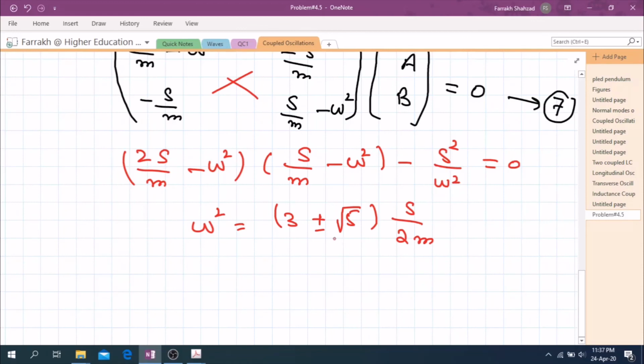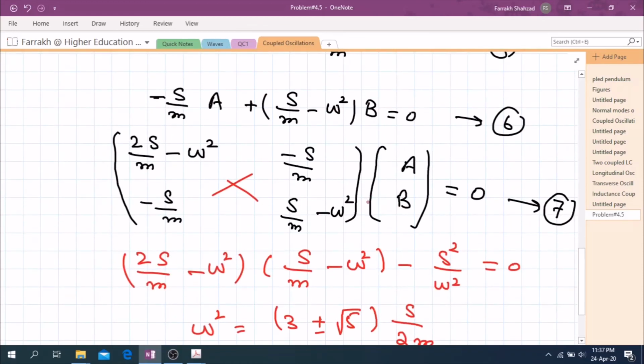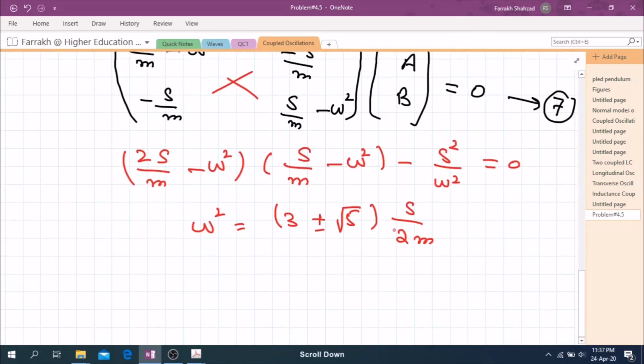If I use these values of omega in equation 7, I can get the values of A and B, and then find the ratios of A and B in both the slower and the faster mode. I leave the remaining portion for you; you should try to solve it. If there is any problem, please ask me during the live session.